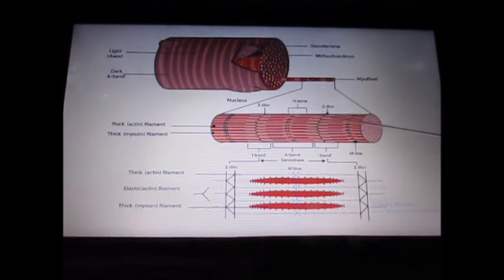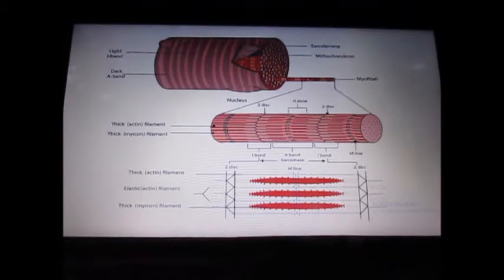On this part, we can see the actin, they are black, and the myosin, they are red. Here, this one which is thick, it is showing the myosin, and this one which is thin, that one is the actin.